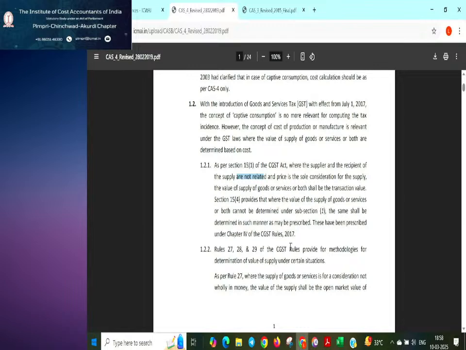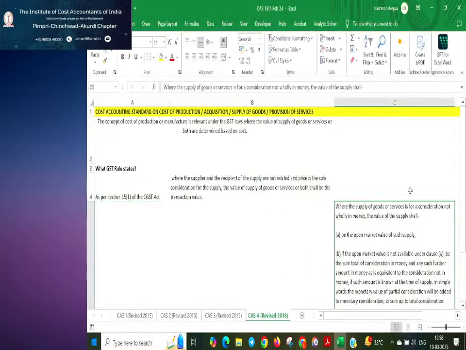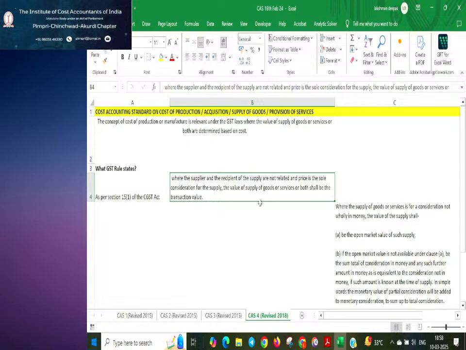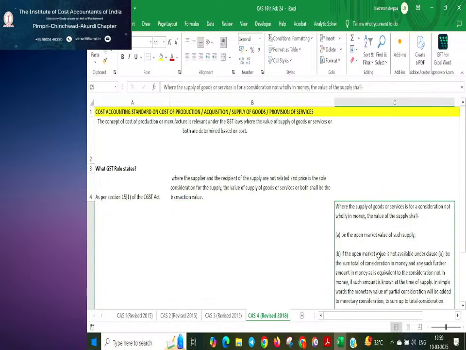So rules 27, 28, 29. What does this say? If the transaction value is not there, where the value of supply of goods or services or both cannot be determined, what will we do? Either we will go by the open market value of such supply, where you don't have the price, or if the open market value is not available, then the total consideration in money and any such further amount in money as is equivalent to consideration not in money.